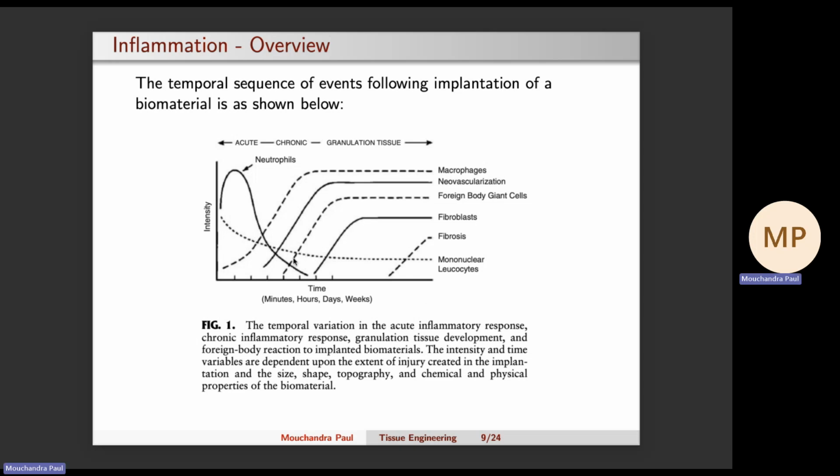Depending on that differentiation, neutrophils are polymorphonuclear leukocytes, and the other leukocytes which have only one nucleus are called mononuclear leukocytes. You can see their intensity is also high initially, not as high as the neutrophils, but their number is not diminishing over time.